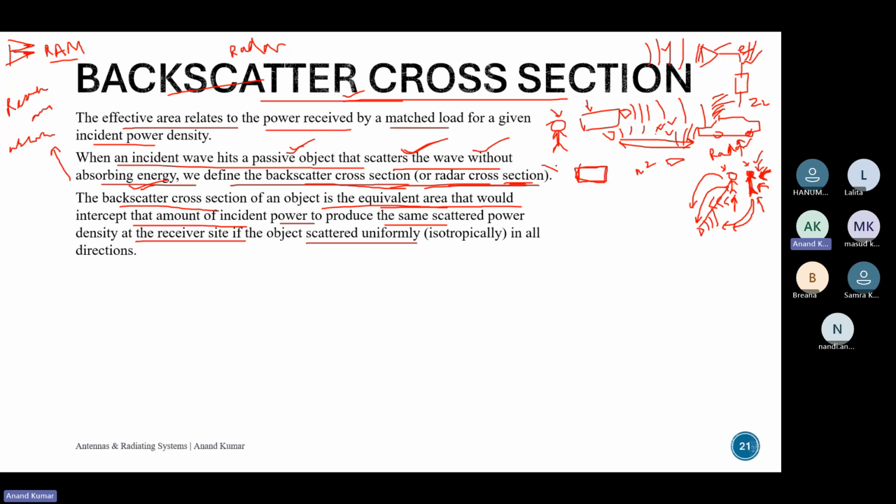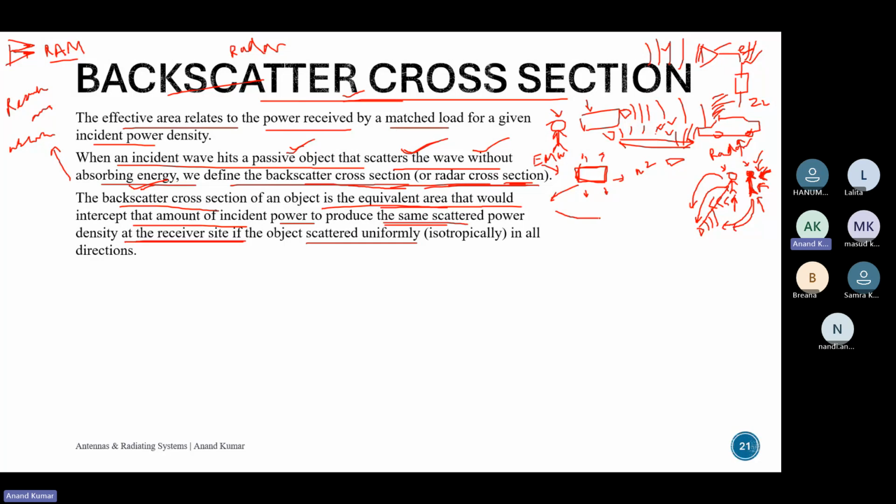So if some electromagnetic wave, EM wave, is incident on us, we would intercept some of its power and we will scatter it. And this scattering produces the same scattered power density at the receiver side.